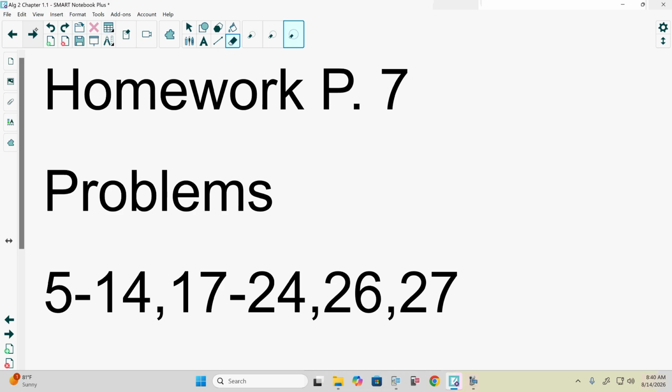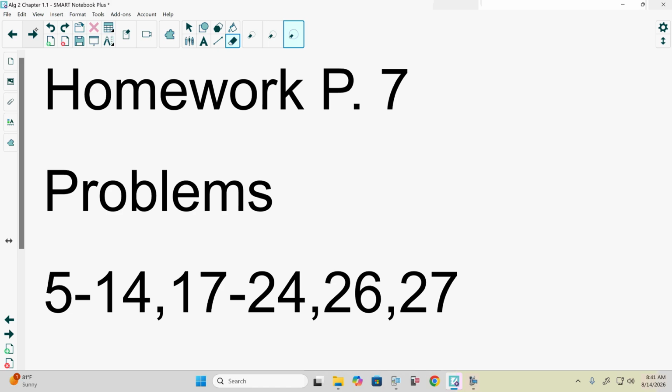All right? Yep, so the homework I did attach it, that 1-4. So that is the assignment 5 through 14. So 5 and 6, use the braces to list the elements of the set.